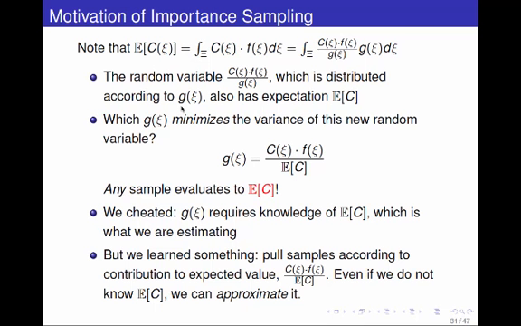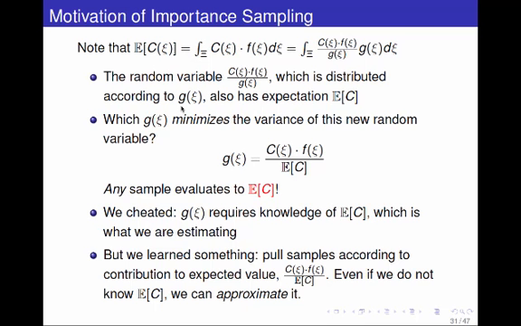You can interpret the average cost that you are estimating as pulling stuff with a density f and reporting c, or pulling stuff with a density g and reporting c times f over g. So if you want to change the distribution of your simulations, you need to also rescale the results that you're reporting by f over g.